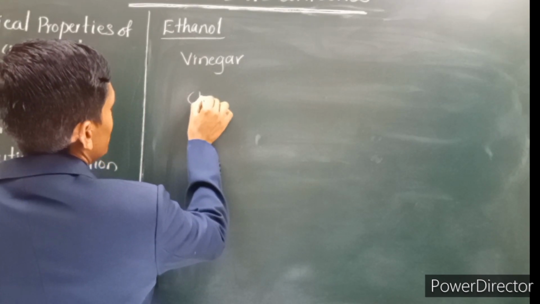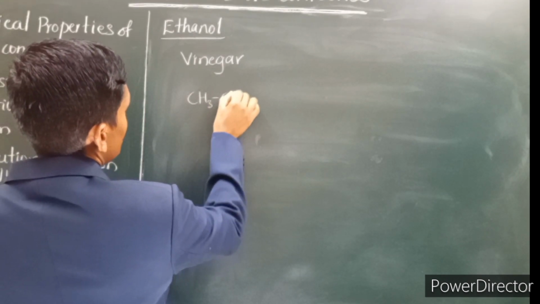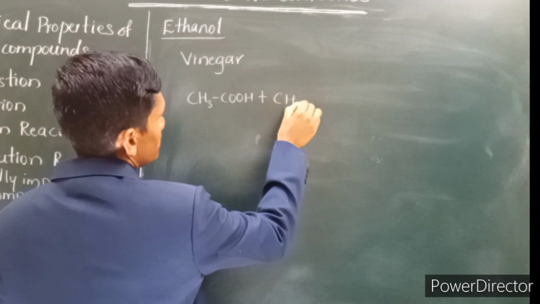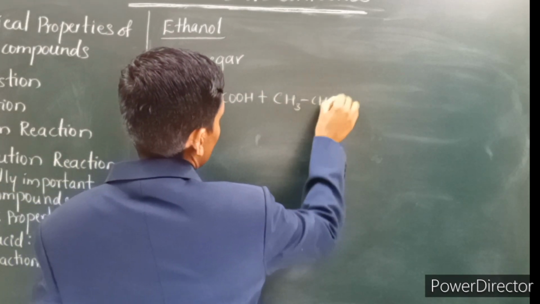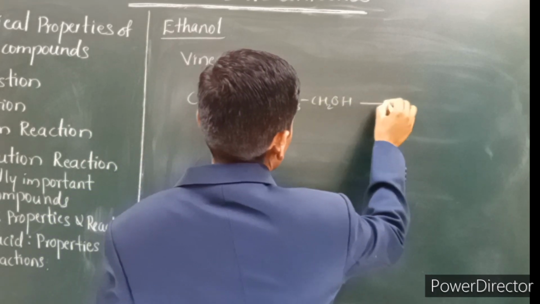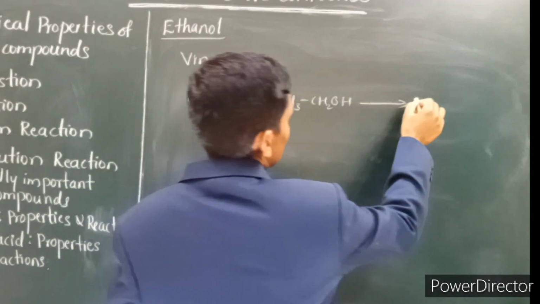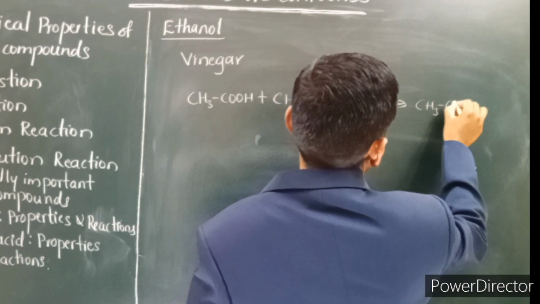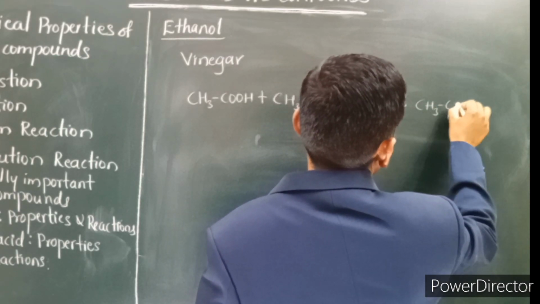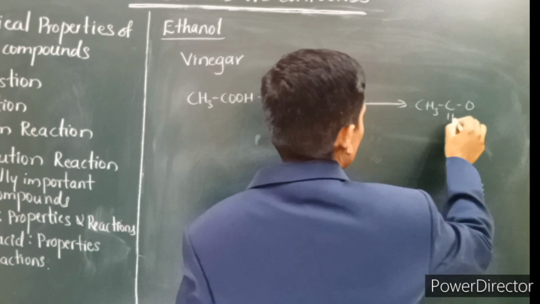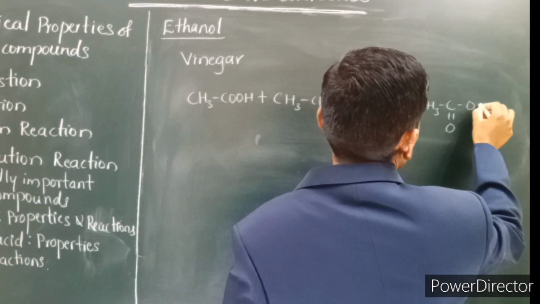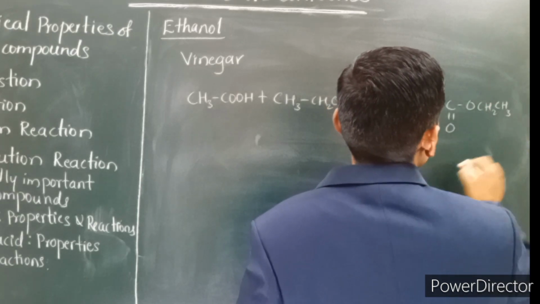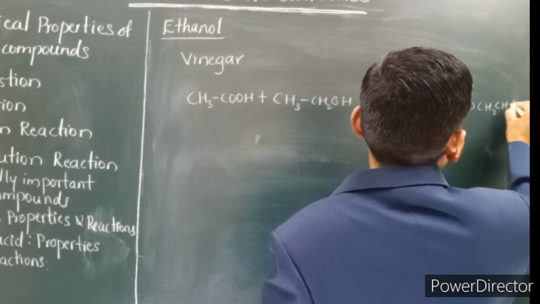Ethanoic acid, CH3COOH, reacts with CH3CH2OH to give ester CH3COOCH2CH3, plus water.